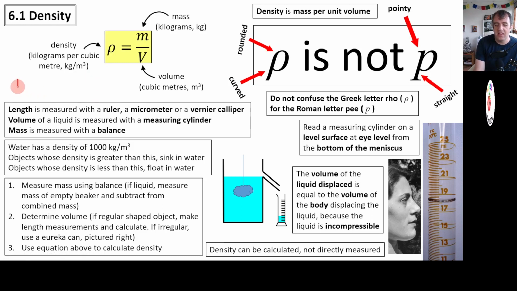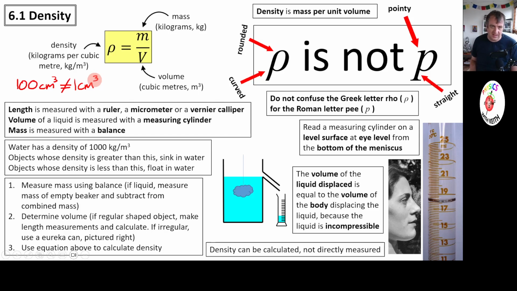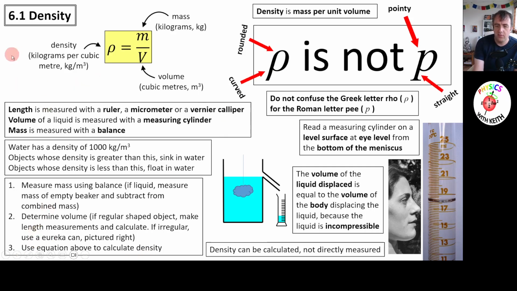So this, 100 cubic centimetres is not equivalent to 1 cubic metre. That is just incorrect. It's just not true. Should we try that again? Mistakes all over the place. 100 cubic centimetres is not equivalent to 1 cubic metre.